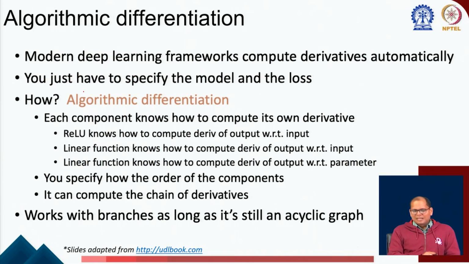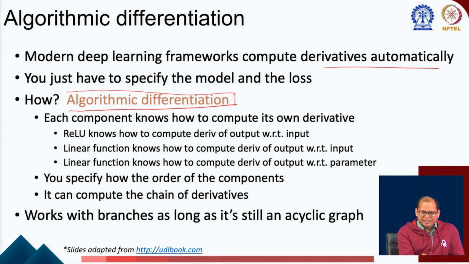Now we did that on paper, I mean on slides, but you don't have to actually code all this in the modern frameworks, because they can compute these derivatives automatically. What you have to specify is your model and your loss, and the technique by which this is done is called algorithmic differentiation. How does that work? Each component knows how to compute its own derivative.